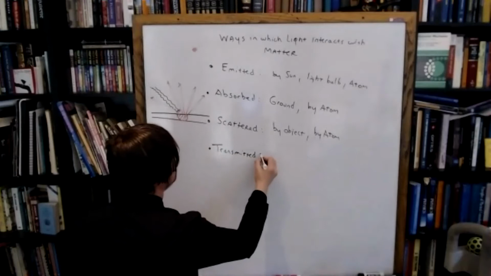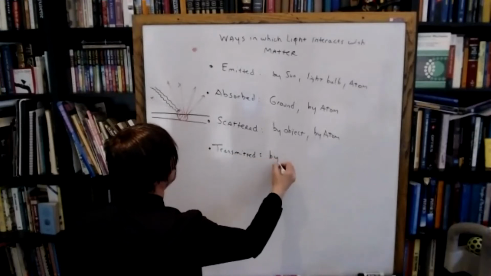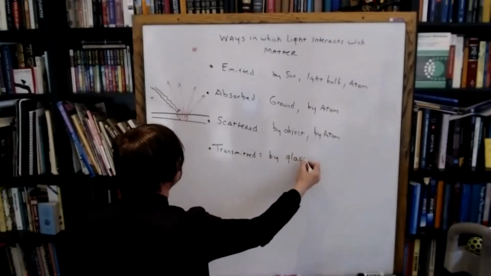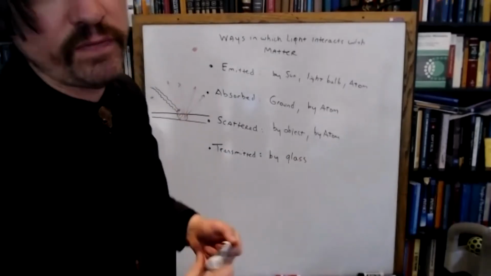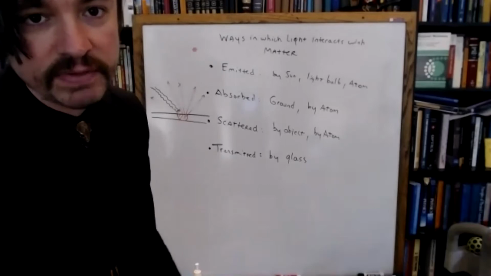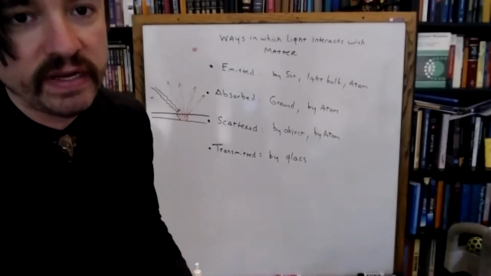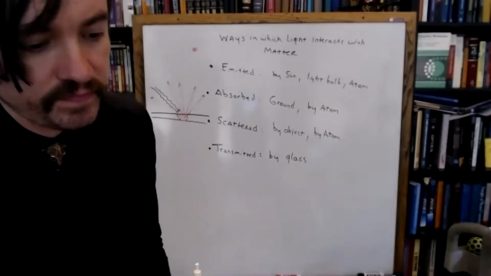Your easiest example there is by glass, right? Glass, of course, is transparent to visible wavelengths of light. But there are other types of transmission outside of the visible spectrum.